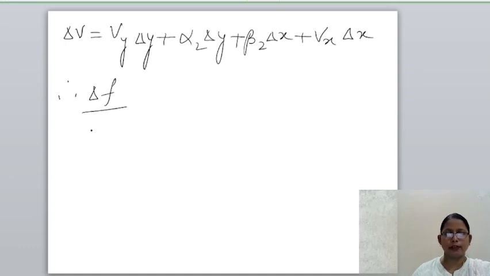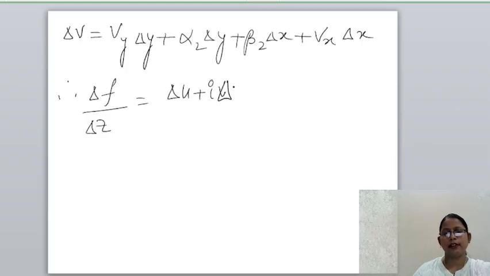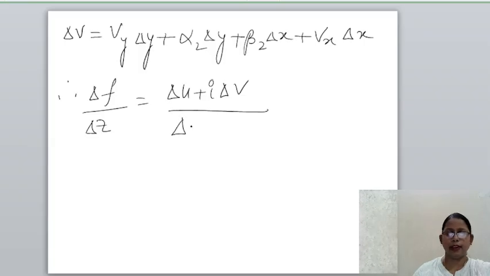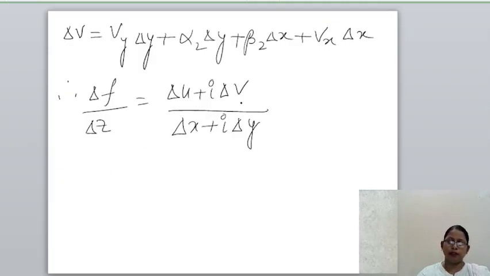Therefore delta f by delta z will be my (delta u plus i delta v) by (delta x plus i delta y). Now put the value of delta u and delta v.